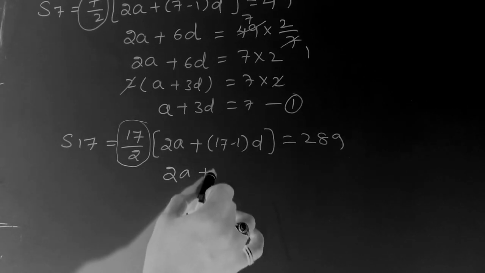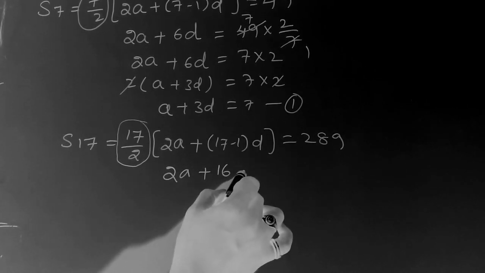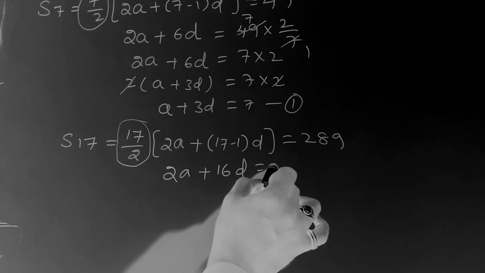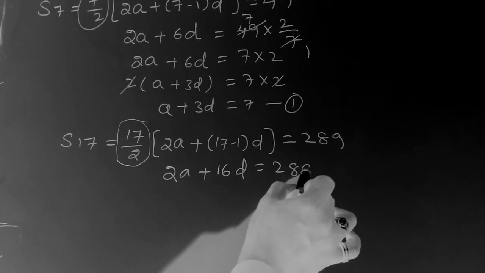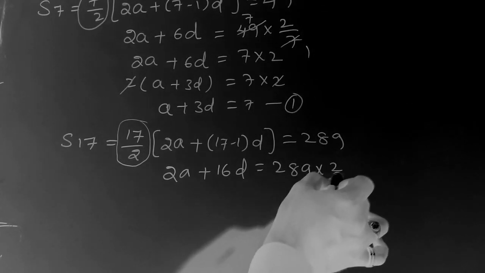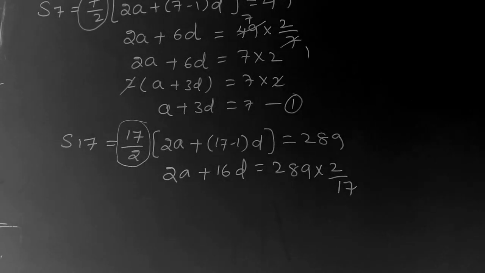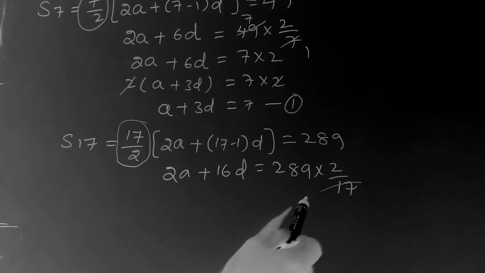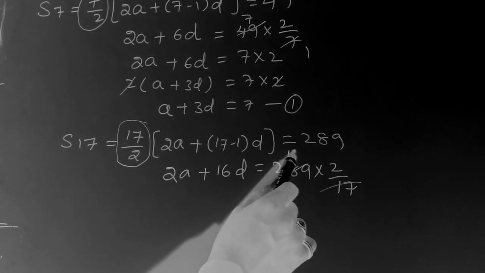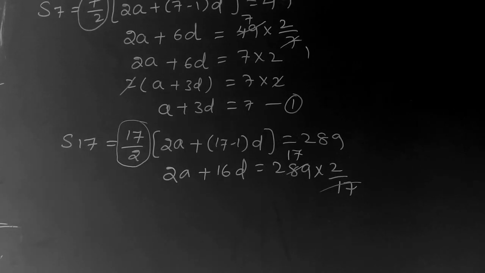2a plus 17 minus 1, which is 16 times d, that is equal to 289 into 2 by 17. So this fraction comes to the right side, it becomes reversed. 17 times 17 is nothing but 289. So what is left?